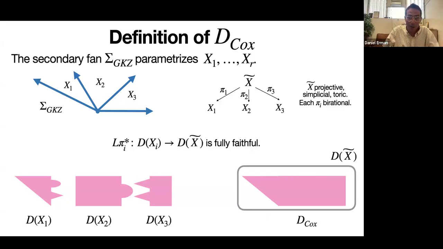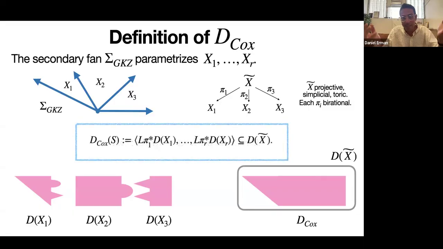So this Cox category combines sheaves from each of the Xi's in a particular way. And that's my definition. It only depends on the Cox ring, so I'll often denote it as the Cox category of the Cox ring, because it treats each of the Xi's on an equal footing. Also, the picture is suggestive: it is almost never equal to the whole category of X tilde.